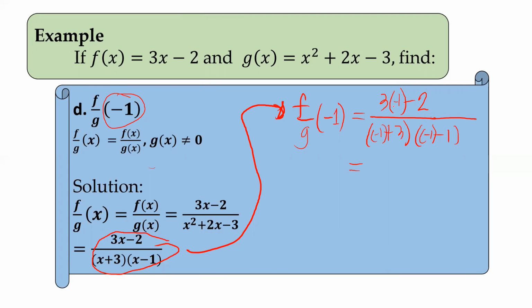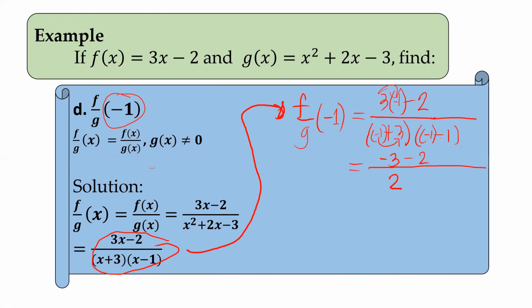Perform further the operation. 3 times negative 1 would give you negative 3. Copy negative 2 over, we have add negative 1 plus 3. So negative 1 plus 3 would give you positive 2.